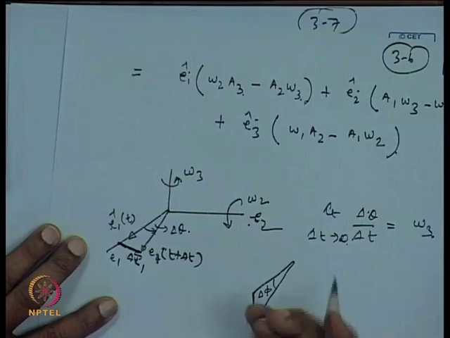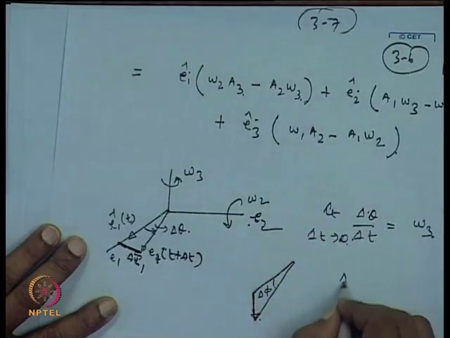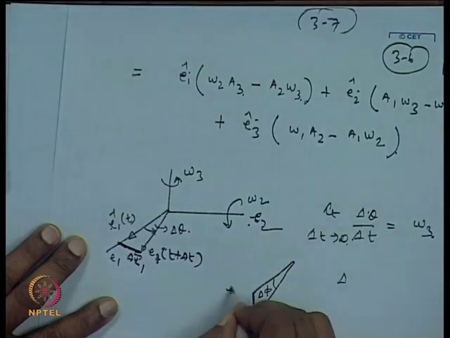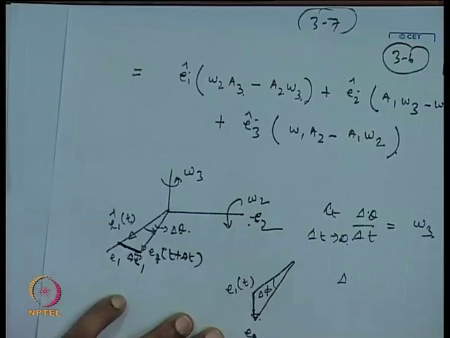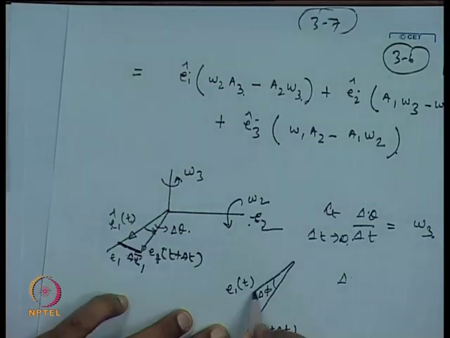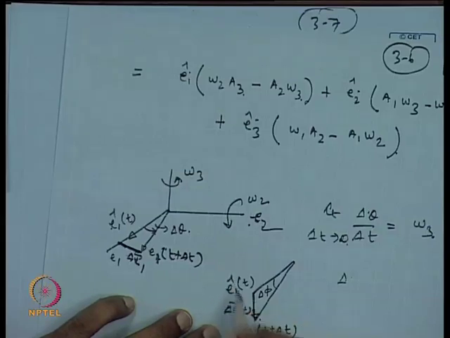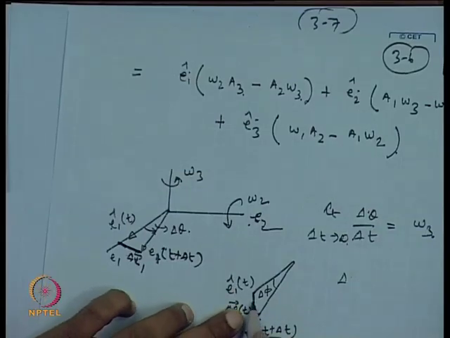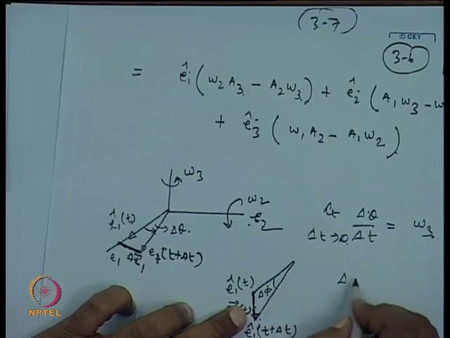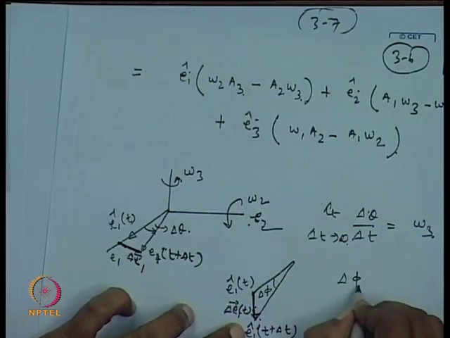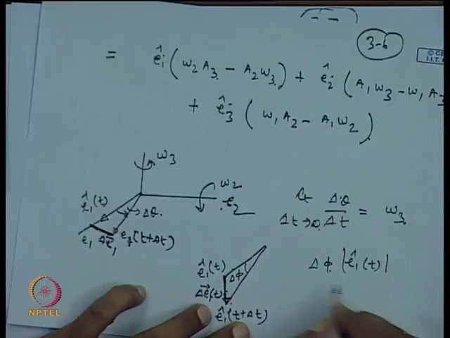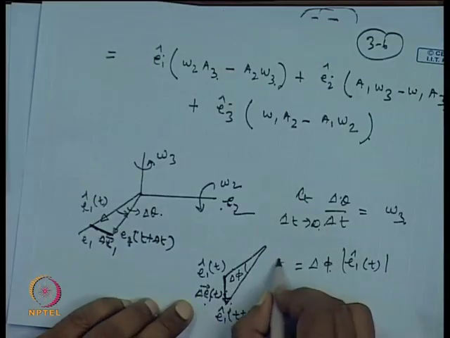We are considering each rotation separately. So, this is E1 at t, and this is E1 at t plus delta t. If it rotates, this is your delta E1 at t. So, this vector which has changed, as we have discussed in the last lecture, is nothing but your delta phi times the magnitude of E1 cap at t. Okay. So, this is the magnitude of this vector delta E.